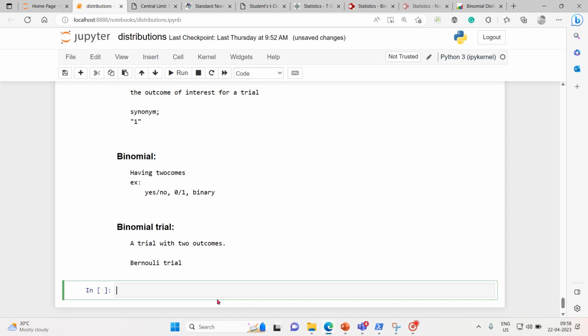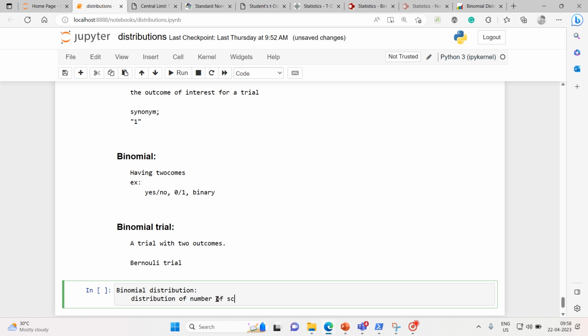Then the final one, the binomial distribution: the distribution of the number of successes in x trials.